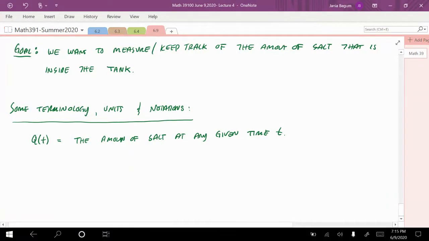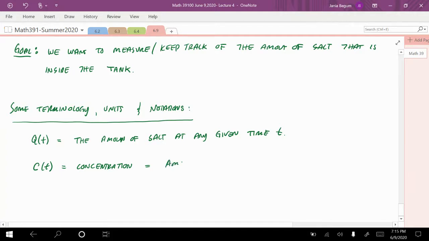And then we want to use C of t. Well, C of t is the concentration. Okay, so that's the concentration function. Well, how do you find concentration of something? Concentration is always an amount over volume, right? So this is a formula you want to remember.